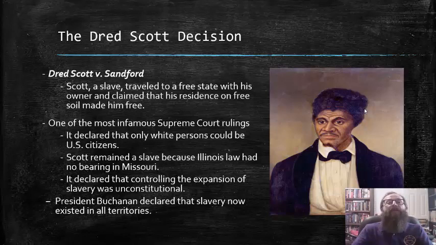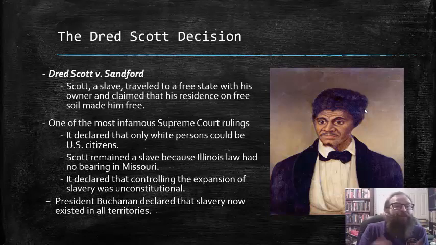The court in this case declared, number one, that Dred Scott's lawsuit was essentially invalid in the first place, that only white persons could be U.S. citizens, the first time that citizenship had been specifically designated for white people, and that because of this, Dred Scott was not a citizen and therefore could not bring forth any such legal suits against anyone.